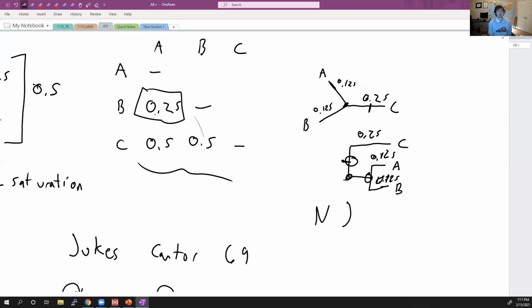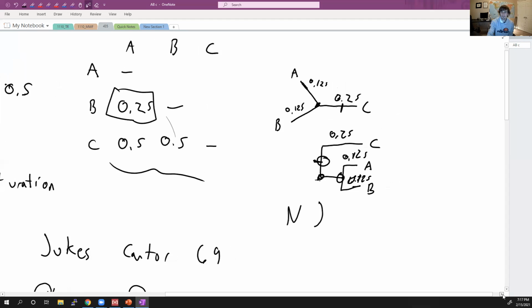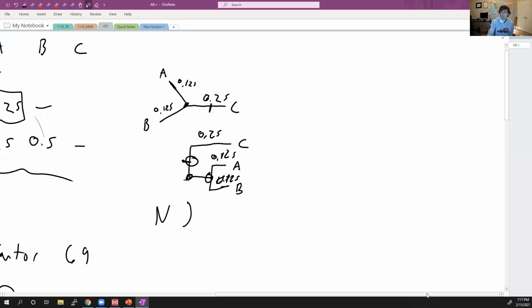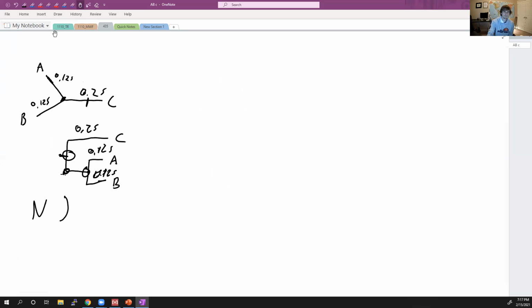But a problem approaches when we have more than 3 sequences. Right, so 3 sequences are pretty easy to handle, but 4 sequences becomes harder to handle. And so what we'll see is this pattern emerge.